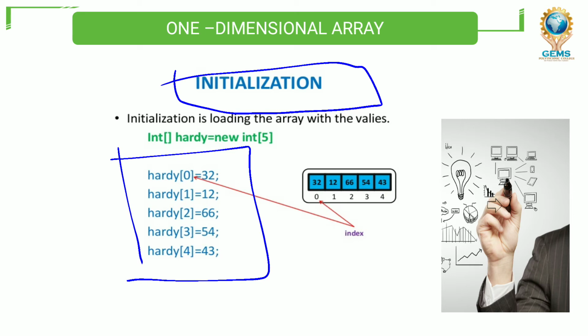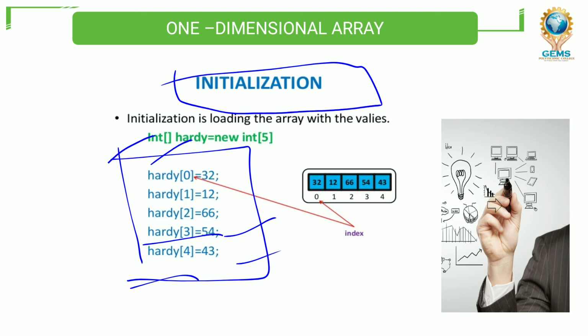Here we are using the array name with index 0 and assigning the element, the array name with the first location assigning 12, the array name with the second location assigning 62, the third location assigning 54, and the fourth location assigning 43.